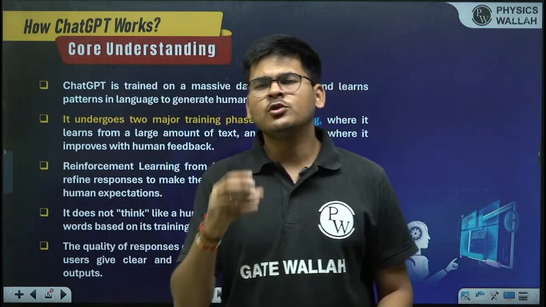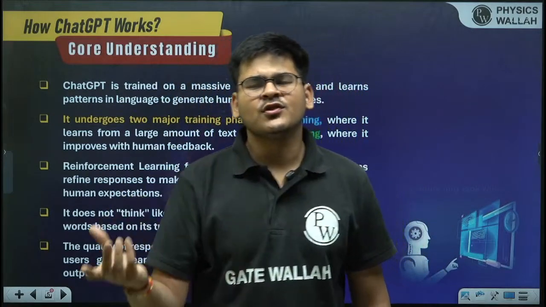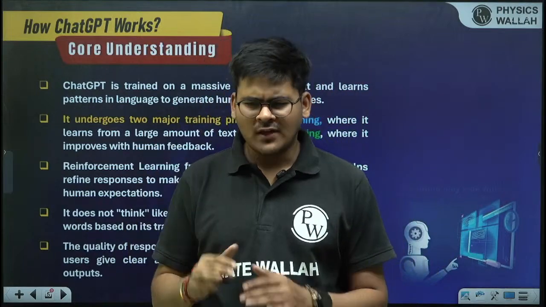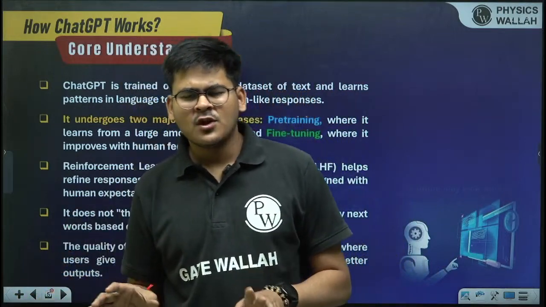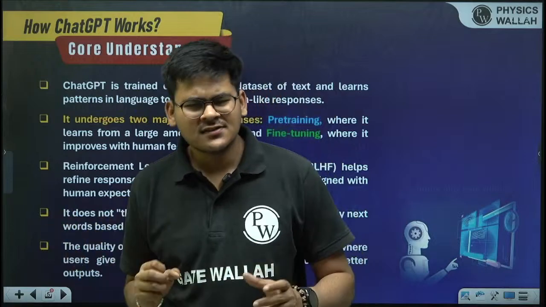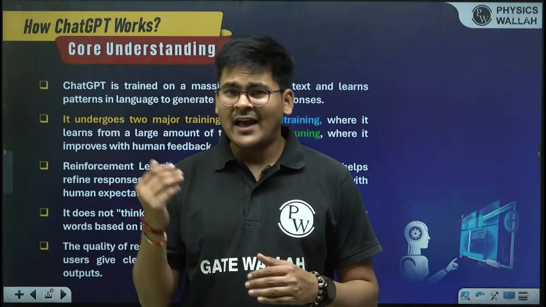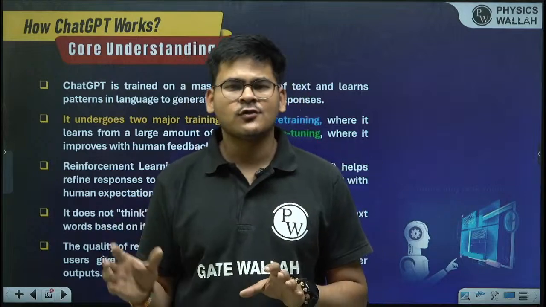It means that as a human you are telling it that this is right, this is wrong. It is the same as how a kid grows. Ever seen a small kid? A small kid makes lots of mistakes, then parents tell it that this is right, this is wrong, and then it learns what is right and what is wrong.